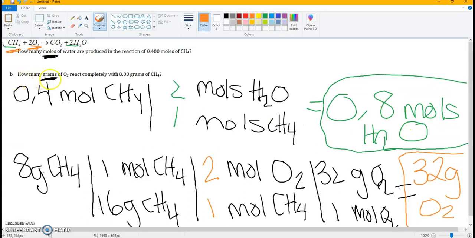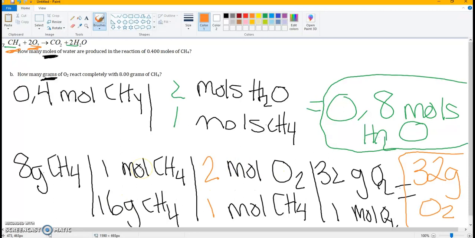In B, they ask me for grams, and they give me my reactant in grams. So therefore, I need to do the whole stoichiometric process. So I start off with 8 grams of methane, and then I go from grams to moles, moles to moles, moles to grams.